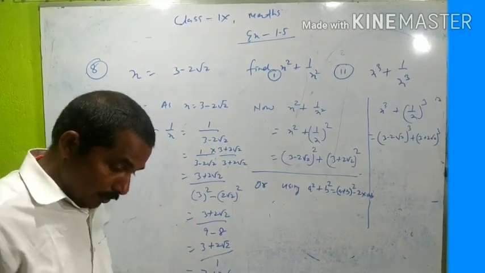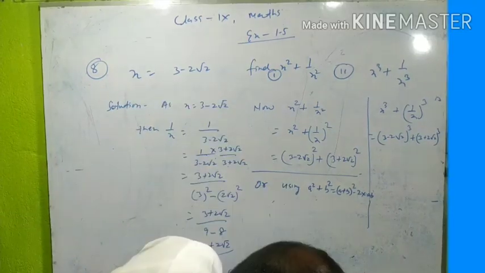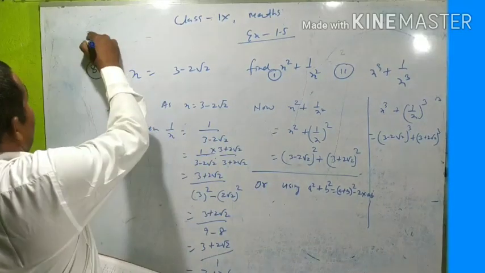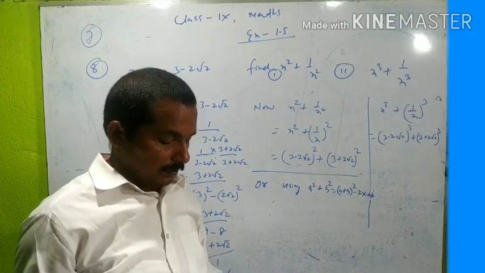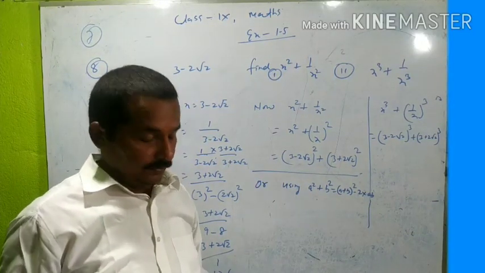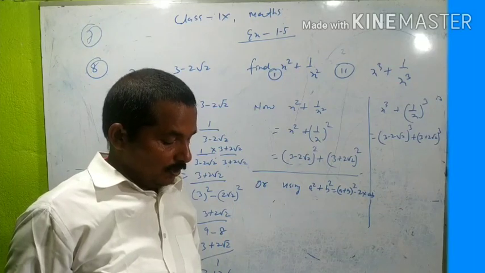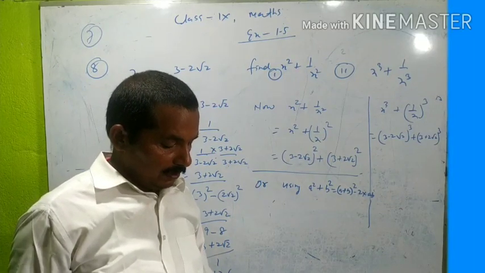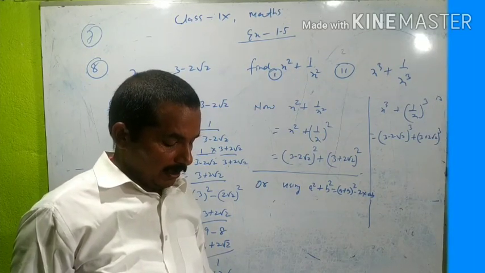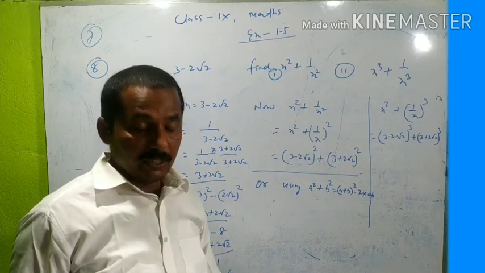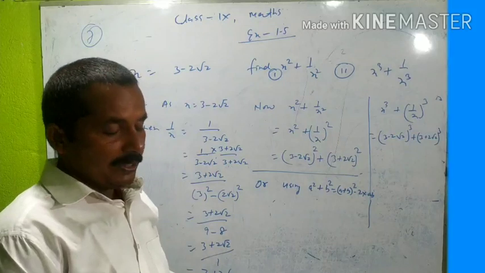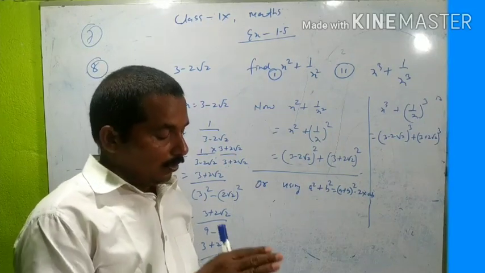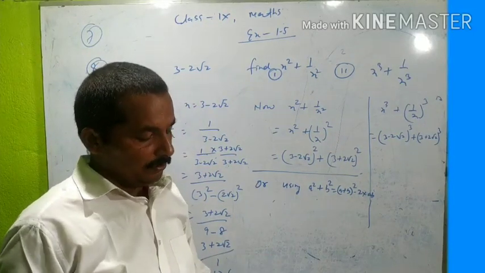Now question number 7. The question is to show that 1 by 3 minus √8 minus 1 by √8 minus 7 like that is equal to 5. I think you will rationalize all the denominators.